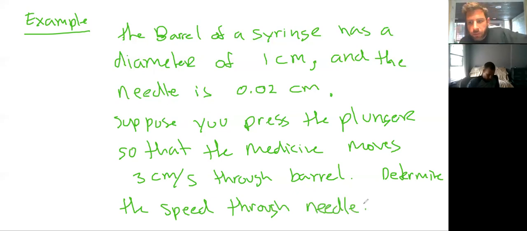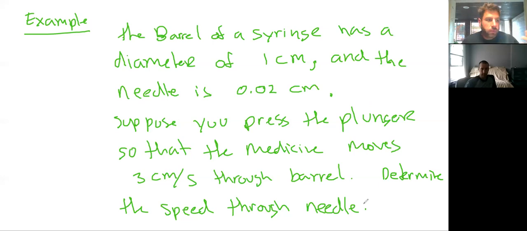There's a couple comments we should make about this before we solve anything, about how I've written it. Notice I didn't state it specifically, but it's not hard to deduce. I gave you the speed through the barrel. Notice the units: 3 centimeters per second. I didn't tell you the flow rate. I could have given you the flow rate, but I gave you the speed.